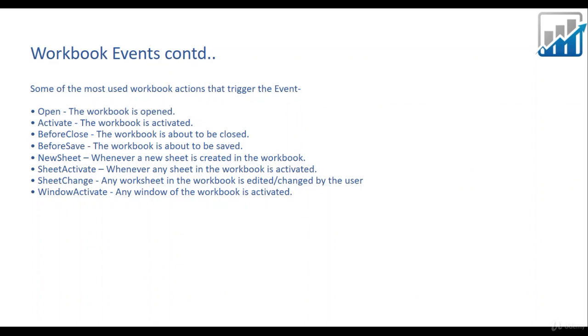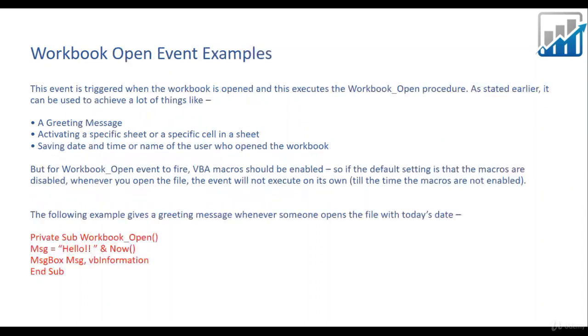New sheet: whenever a new sheet is created in the workbook. Sheet activate: whenever any sheet in the workbook is activated. Sheet change: any worksheet in the workbook being edited or changed by a user. Window activate: any window of the workbook is activated. So you've got these different types of workbook actions, and events corresponding to them. Now you can add VBA programs to them and use these events to achieve some objective.